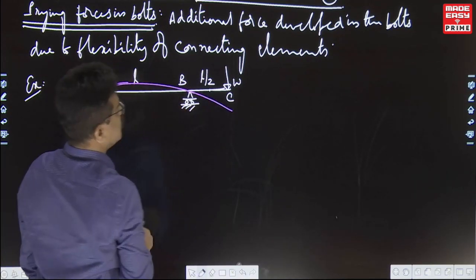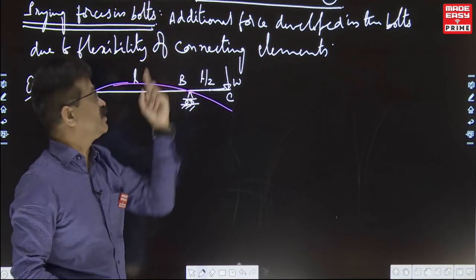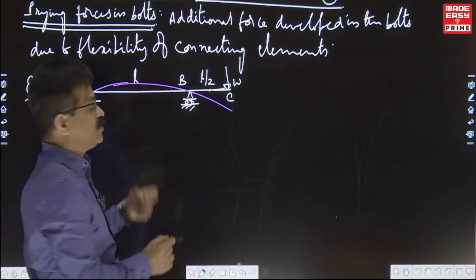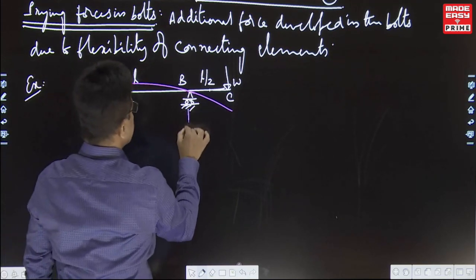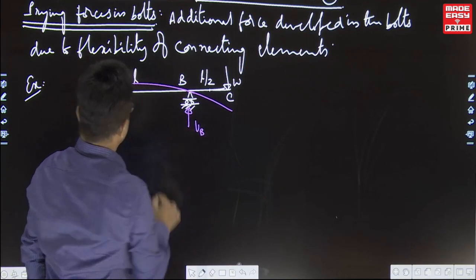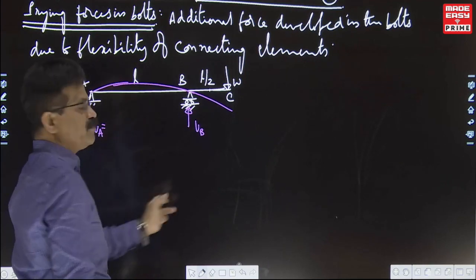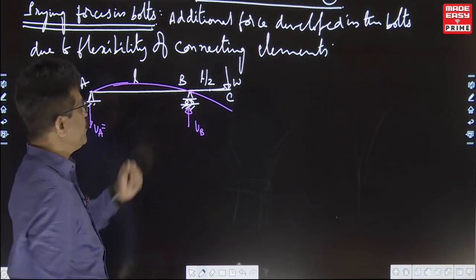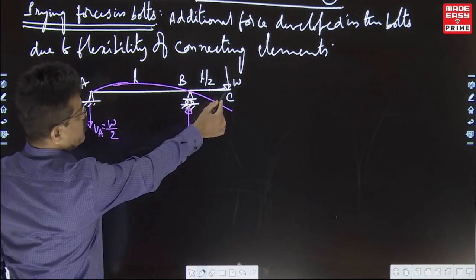Now, due to this load, this beam wants to go up, but this support will pull it down. So here the reaction is downward, VA. Here the reaction is upward, VB. Then taking moments, what is VA? W into L by 2 minus VA into L, so VA you will get W by 2 downward. Now what's the total downward force?